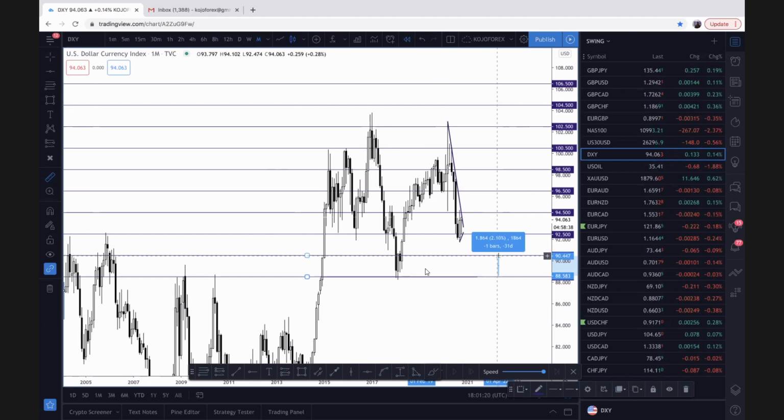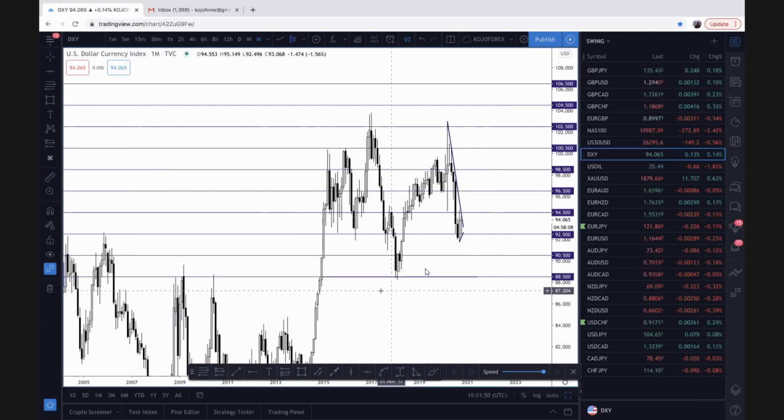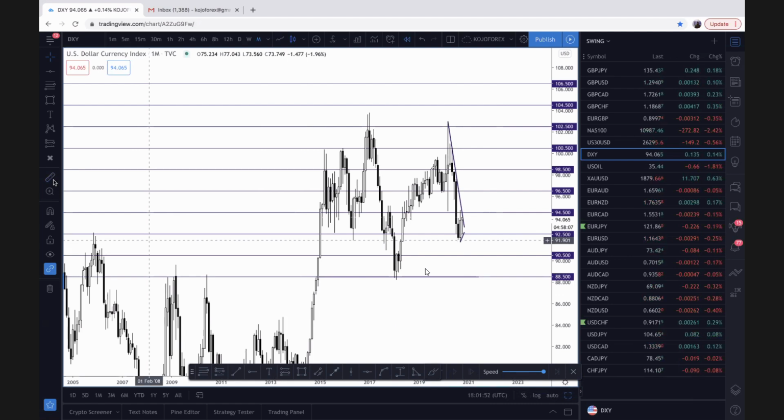is not tradable, so there's no point in it. Give me a second, guys.